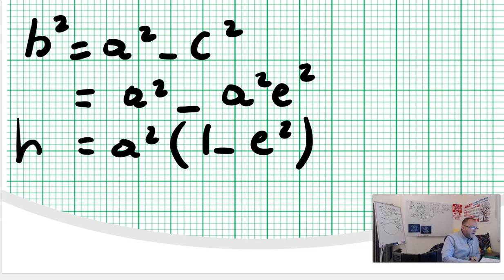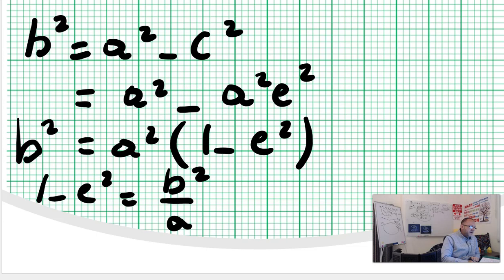And then now you have what? 1 minus e squared equals b squared divided by a squared. So in this situation, 1 minus e squared equals b squared divided by a squared, which is 9 divided by 16, right?